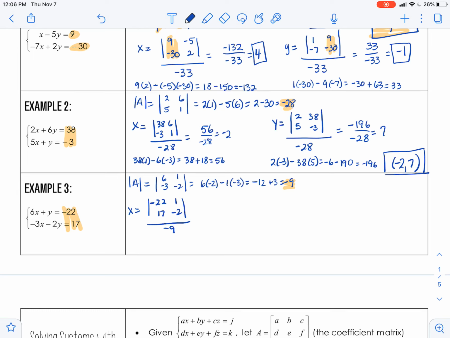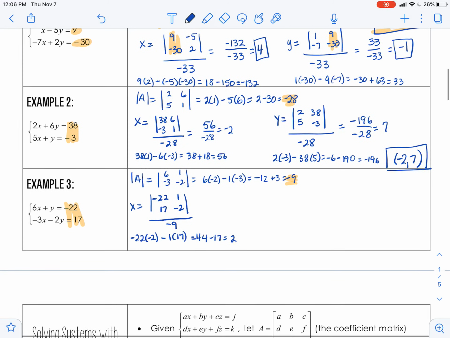So I have negative 22 times a negative 2 minus 1 times 17. So that's going to give me 44 minus 17, which I believe is 27. Sorry, almost put 24 there. Okay, so I have 27 over a negative 9, which is a negative 3.